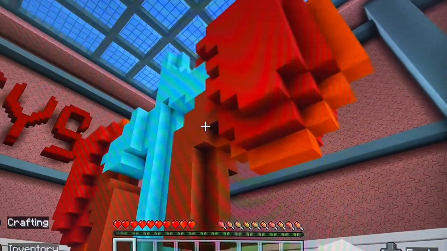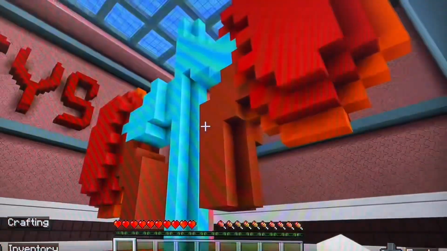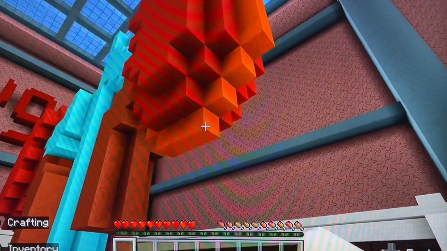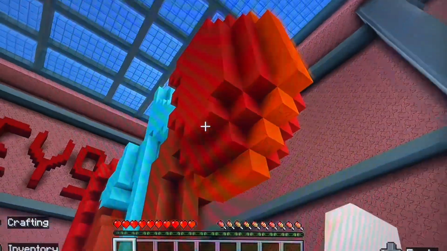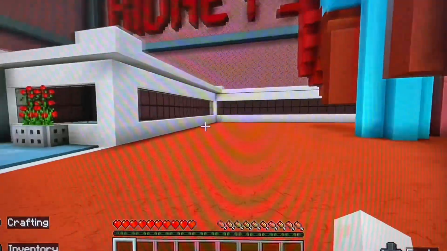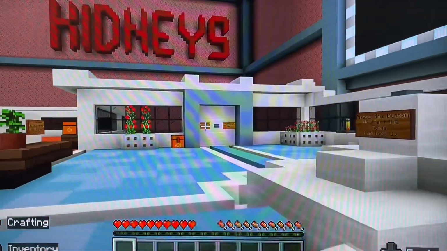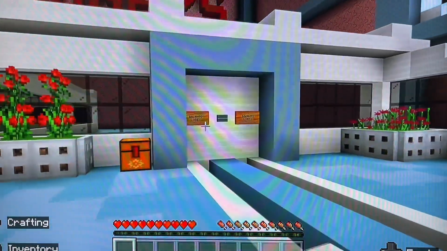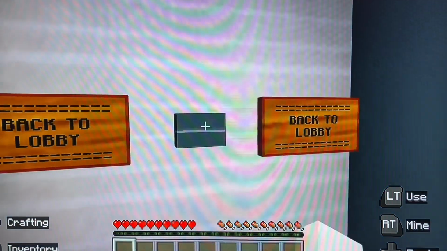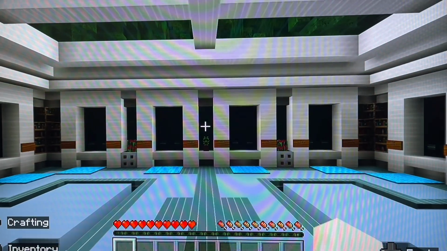I believe this may be the renal vein, but correct me if I'm wrong. So that's the human kidneys there. So they filter the blood, take out what we don't need or anything that's harmful, ready for expulsion.